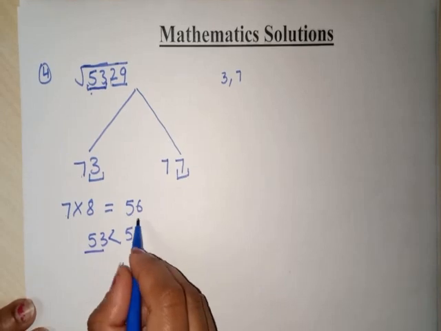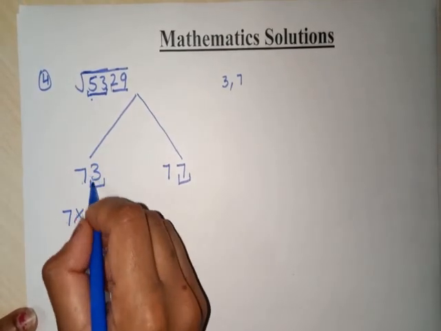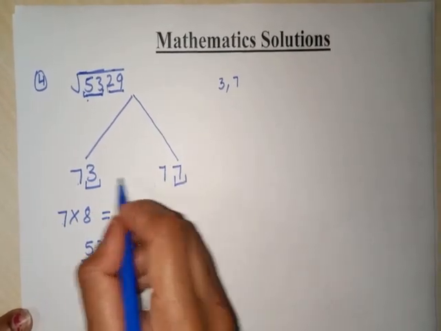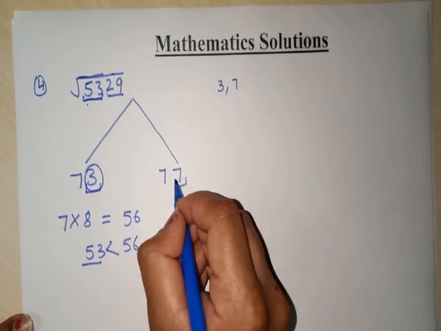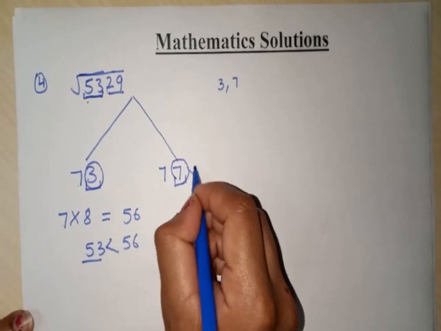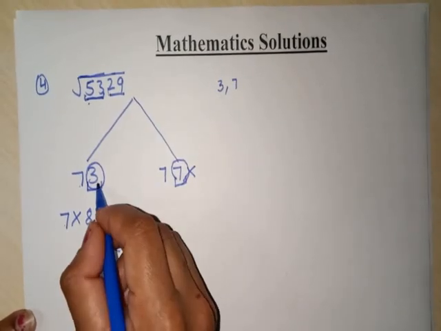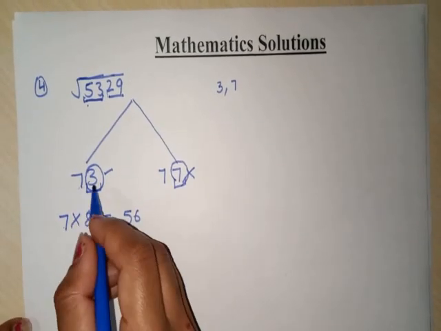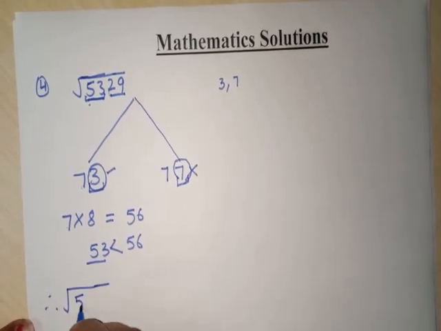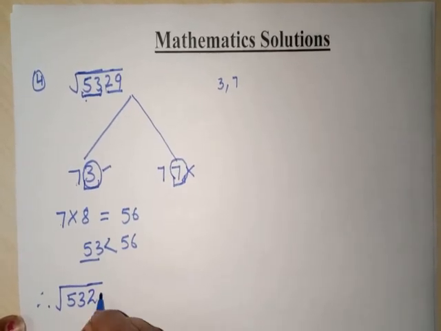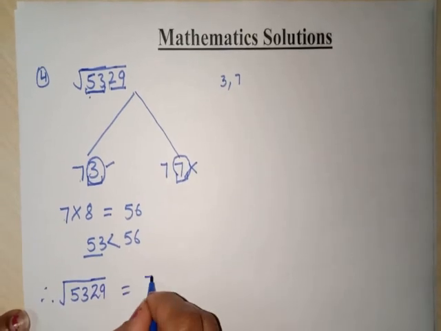As 53 is less than the product, we will take the smaller number out of these unit place digits. We will take the smaller number, 3, so 73. Therefore, the square root of 5329 is 73.